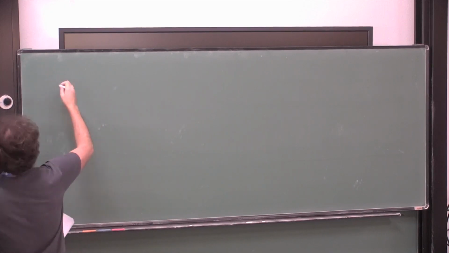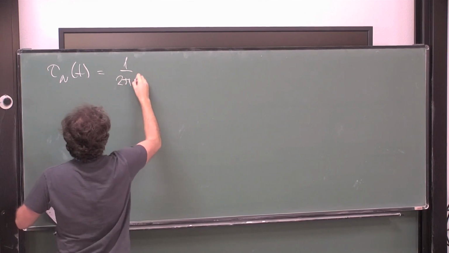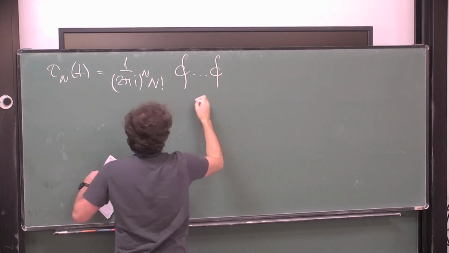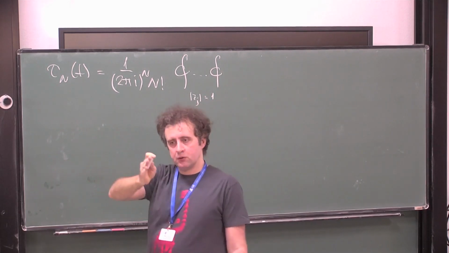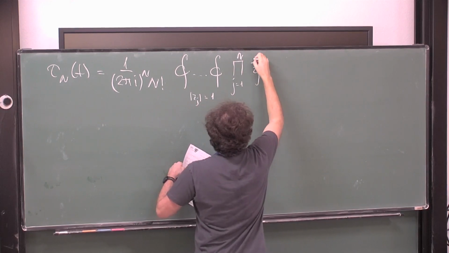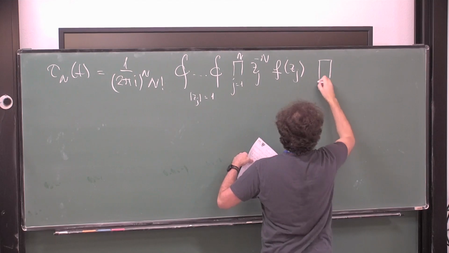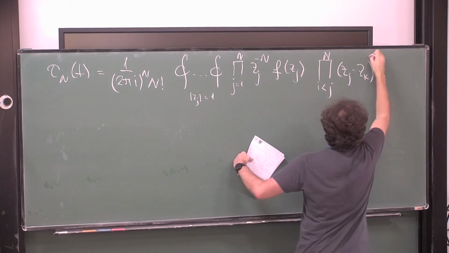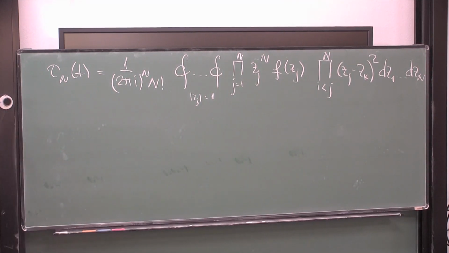So you can equally rewrite tau n of t as something of the following form: 1 over (2 pi i)^n n factorial, and then you have an n-fold integral with respect to complex variables z1 to zn, where you will have the product of zj to the power n f of zj, and you will have a Vandermonde like (zj minus zk) squared, dz1 ... dzn. Okay, so this is a really simple transformation.